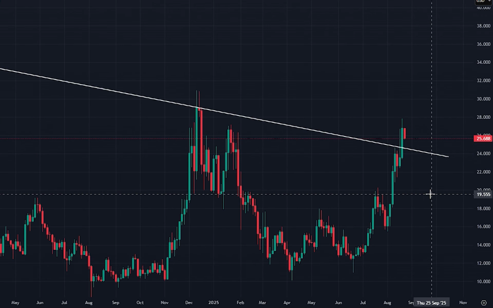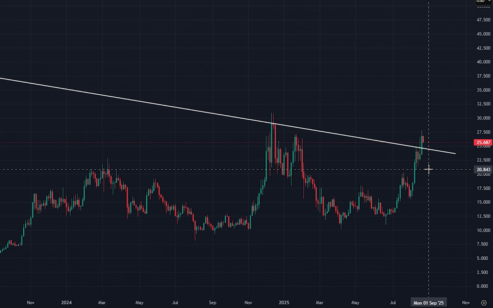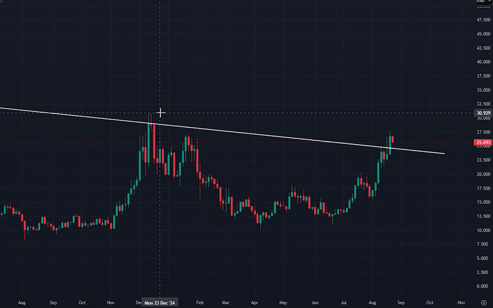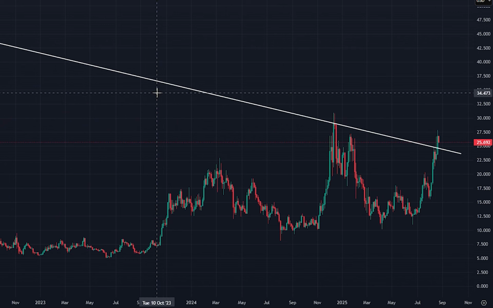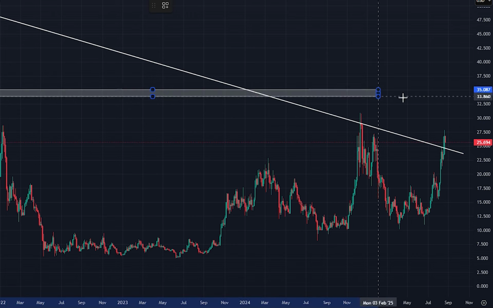In terms of my target, if this does hold and we see a good reaction and continuation upwards, we obviously have this liquidity up at around $30, which we saw towards the end of 2024. So we've got some liquidity to take out at those wicks. And then beyond that, we've got the resistance at around $35. This was from 2021 as well.